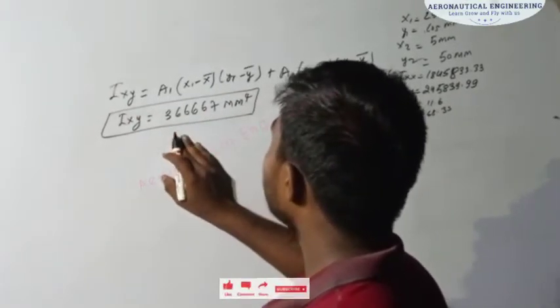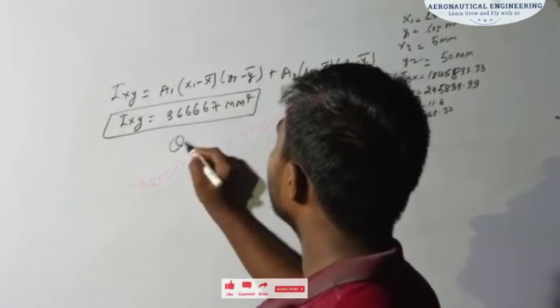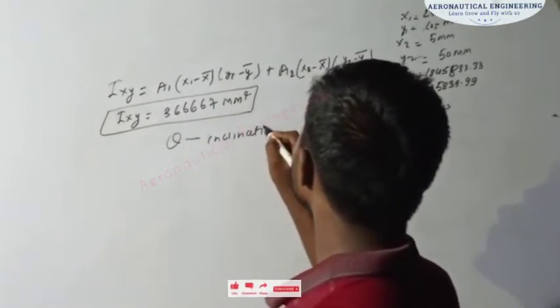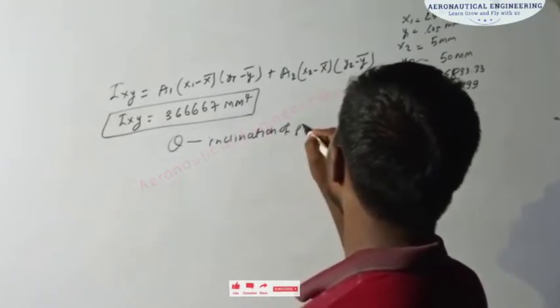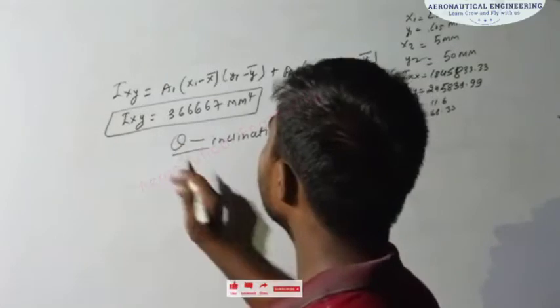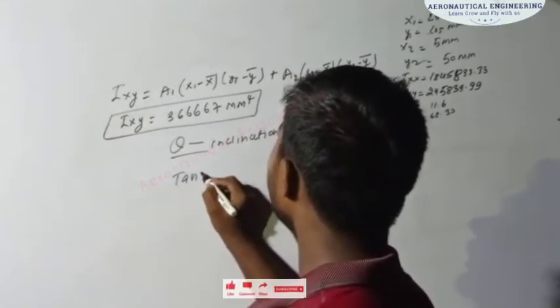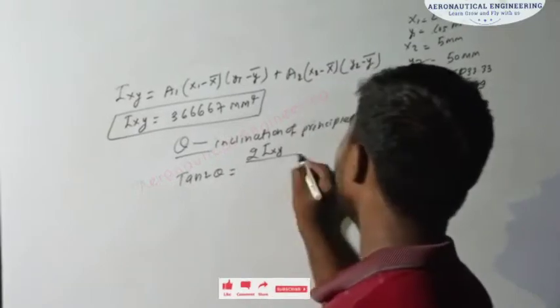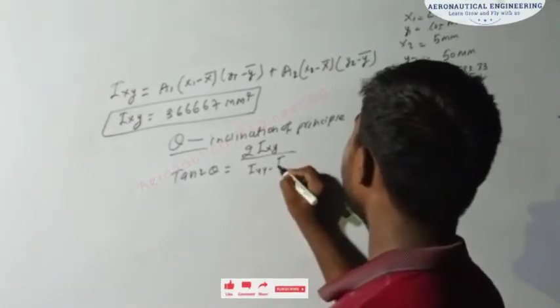Now after calculating this, we have to find the theta value. Theta means the inclination of the principal axis with respect to the centroidal axis. To find theta, the formula is tan 2 theta equals 2 Ixy upon Iyy minus Ixx.